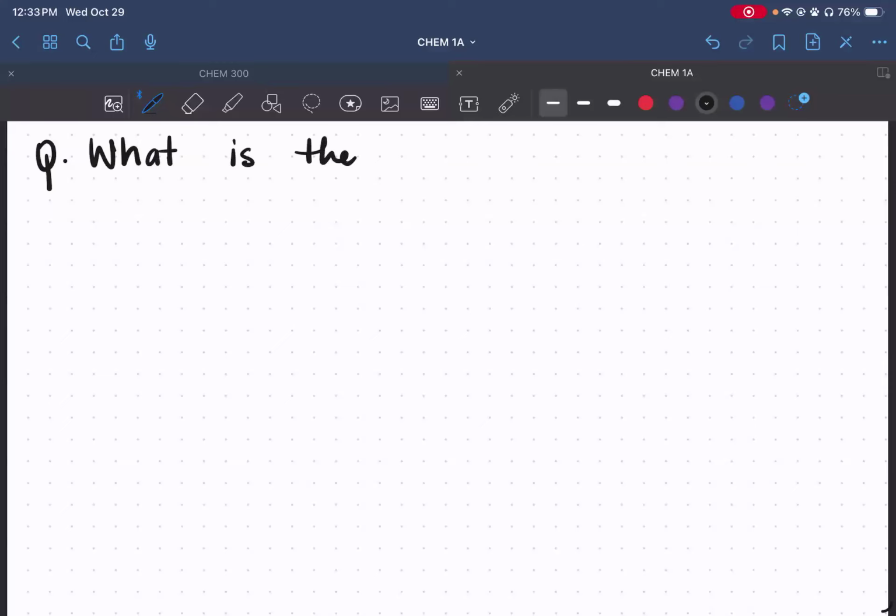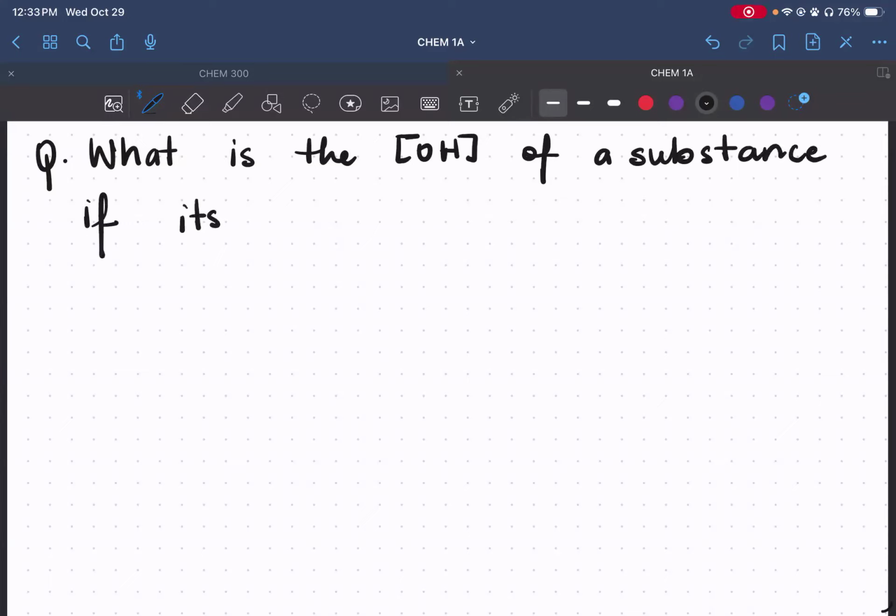What is the OH concentration of a substance if its H plus concentration is equal to 3.3 times 10 to the negative 4 molarity?